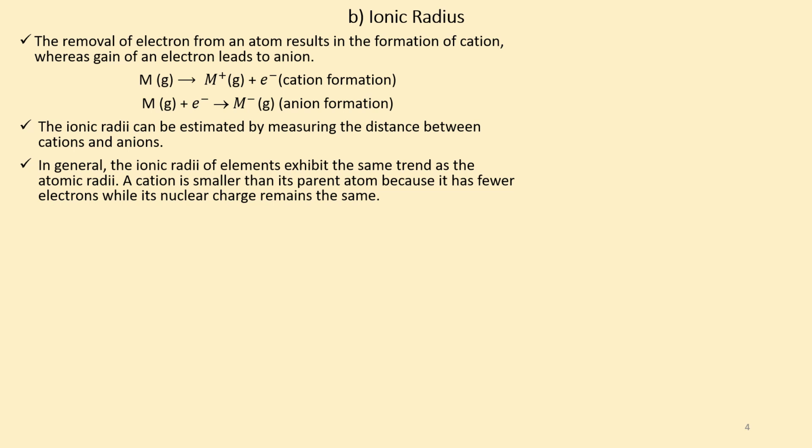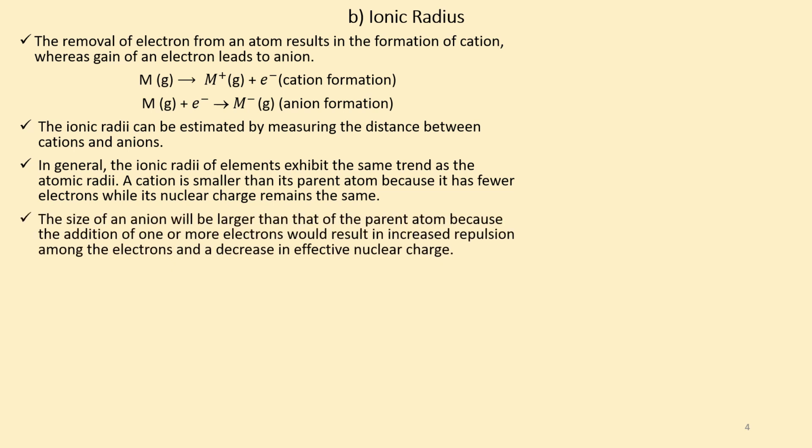The size of an anion will be larger than that of the parent atom because the addition of one or more electrons results in increased repulsion among the electrons, and it decreases the effective nuclear charge.